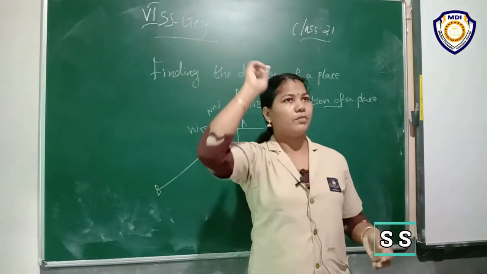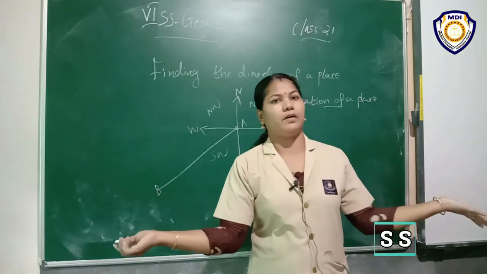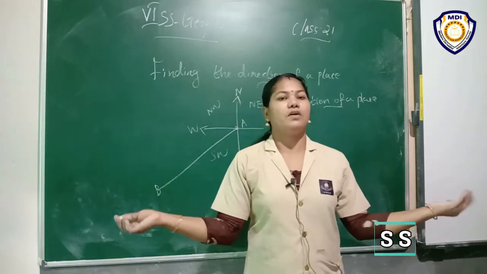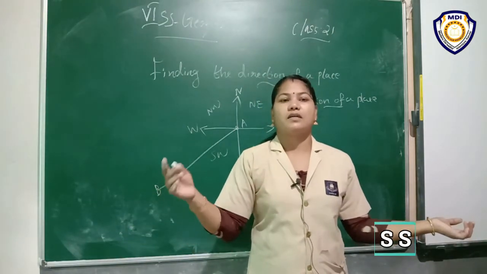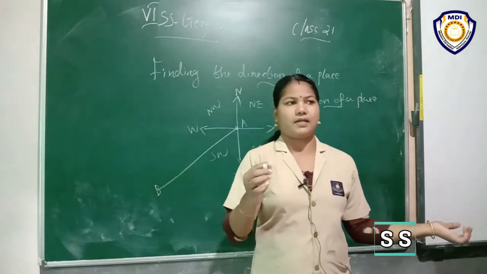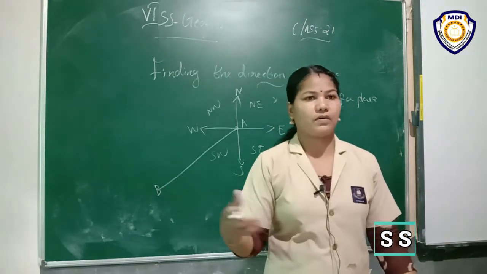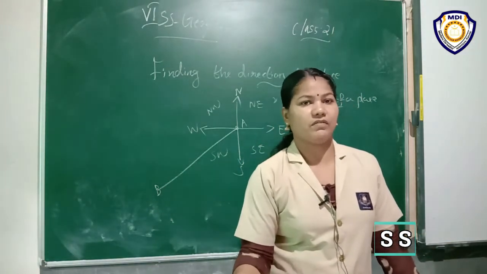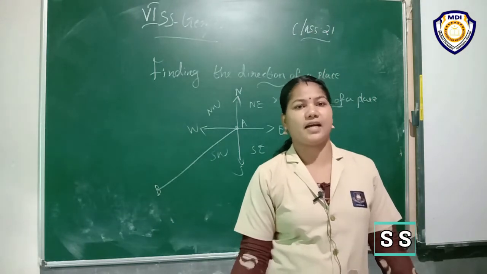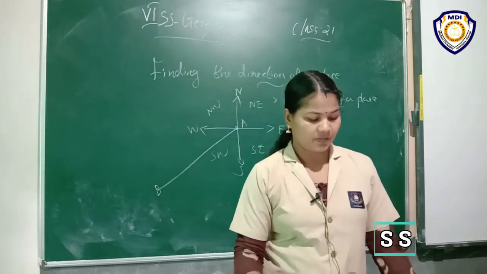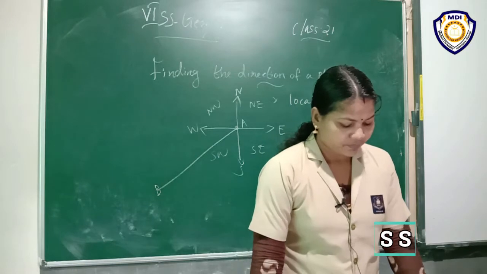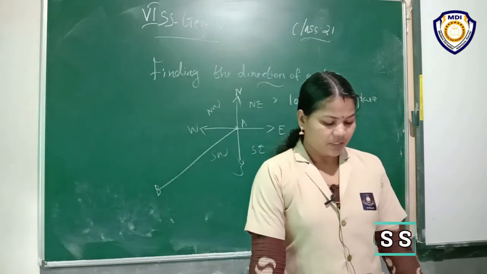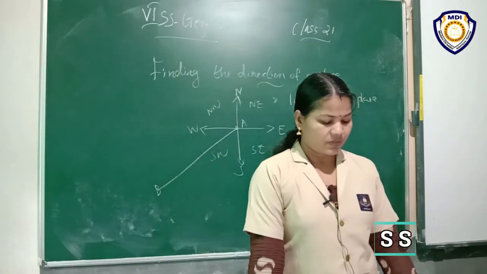We have no idea. Okay. But if he tells the correct location, like the south, or north or east or west, we get correct information, we can easily identify that place. Am I right?